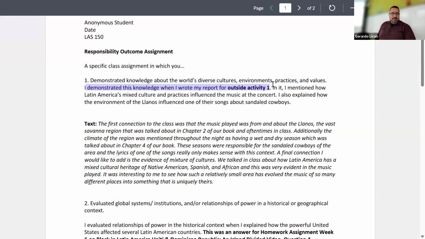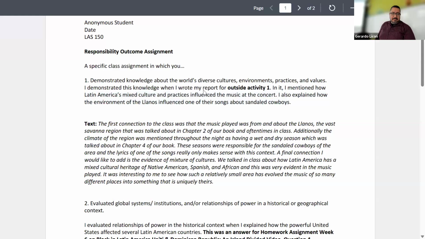And then the person connected this statement with this assignment. In it, I mentioned how Latin America's mixed culture and practices influence the music at the concert. I also explained how the environment of the Llanos influenced one of their songs about sandaled cowboys. And then just copied and pasted where it is in that assignment that they fulfilled this.